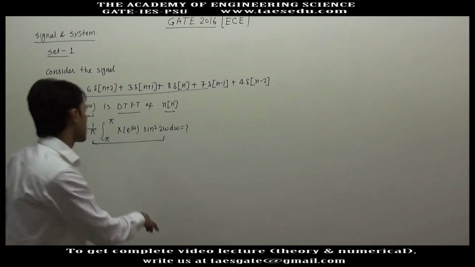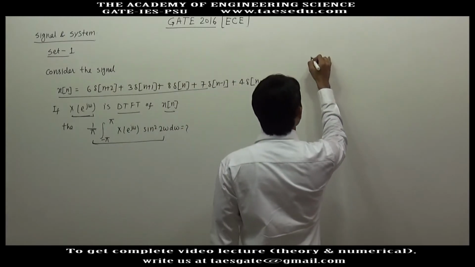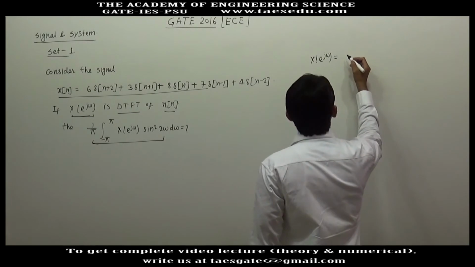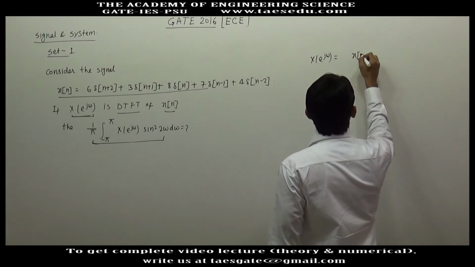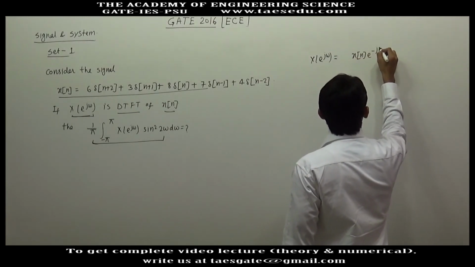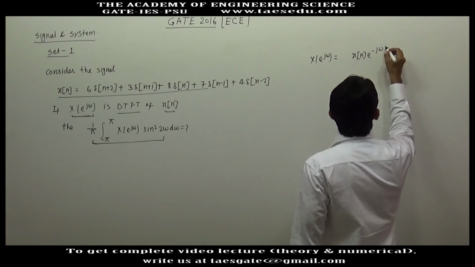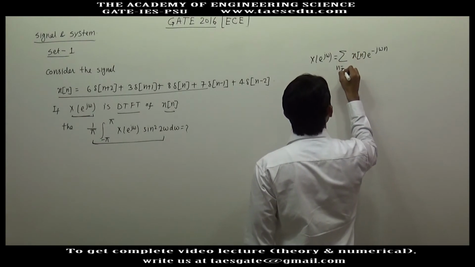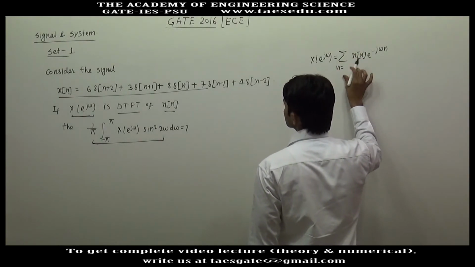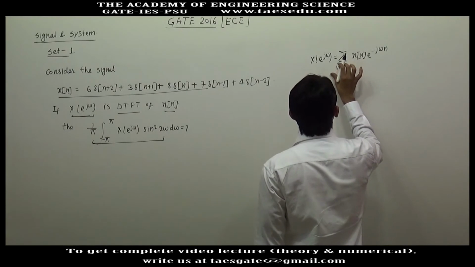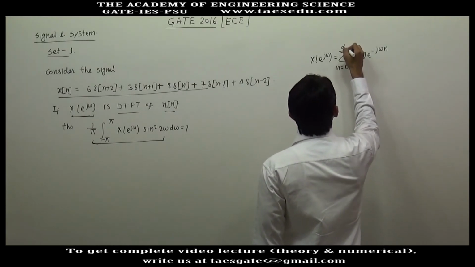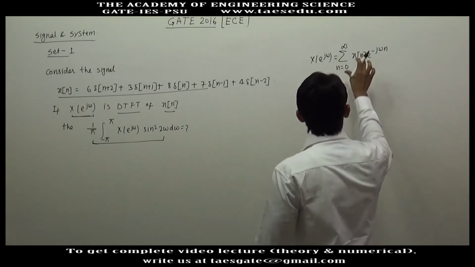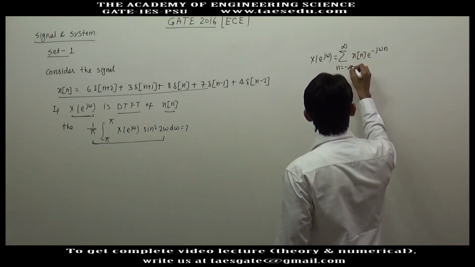So in this type of question, what we do, we will write the formula for X(e^jω). This is x[n] e to power minus jωn, summation n equal to minus infinity to plus infinity.